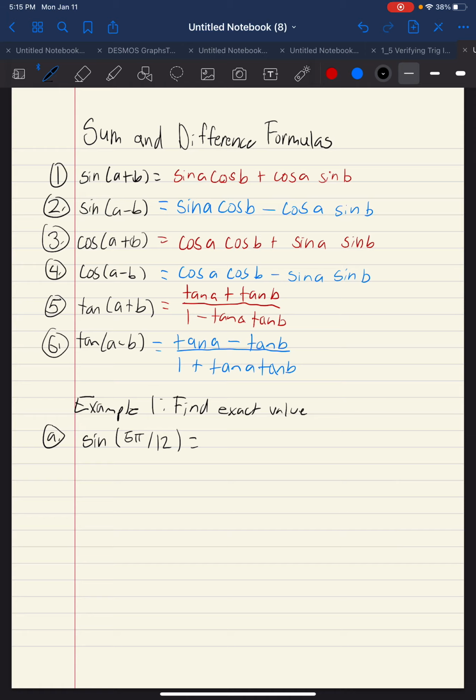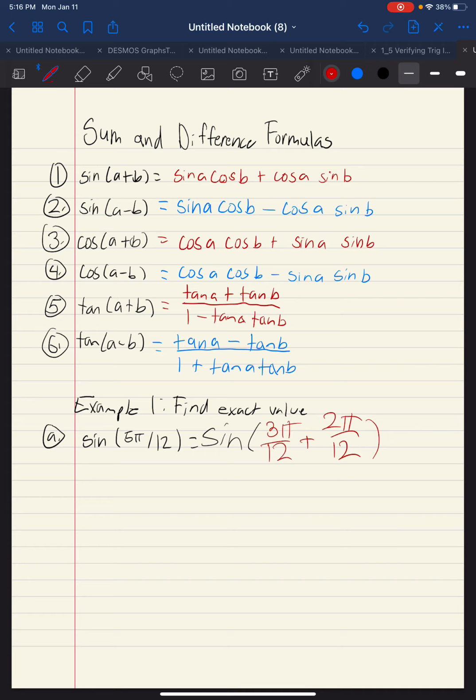So instead of 5 pi over 12, we could split it up into 2 terms, which is adding. So I would add sine of 3 pi over 12 plus 2 pi over 12. Once you add this back together, you'll get that. And then let's simplify that even further.